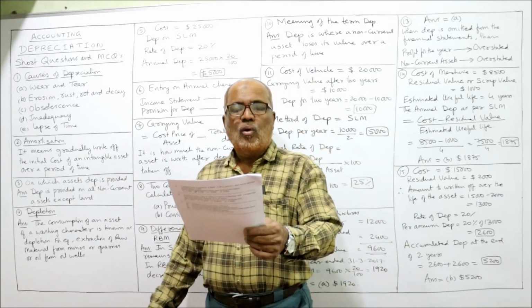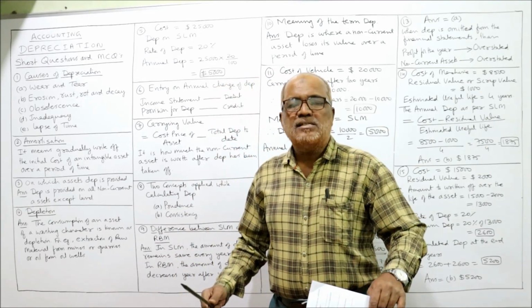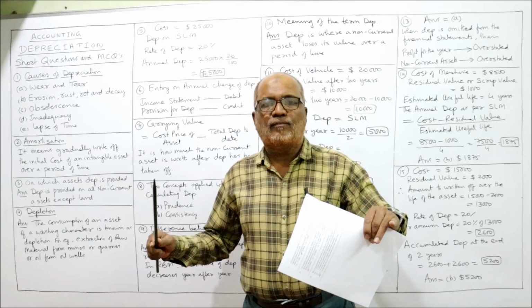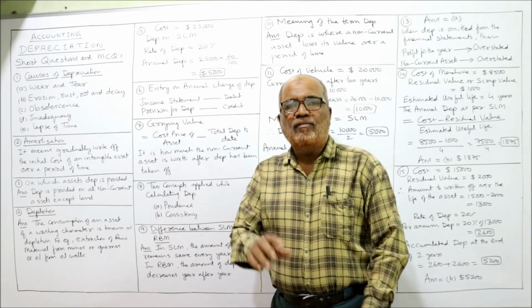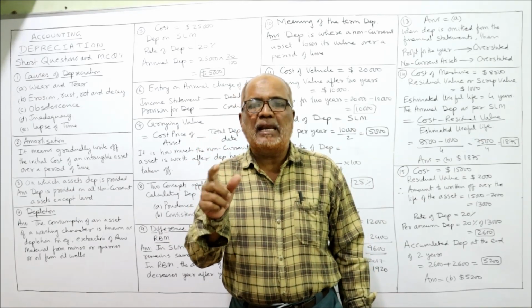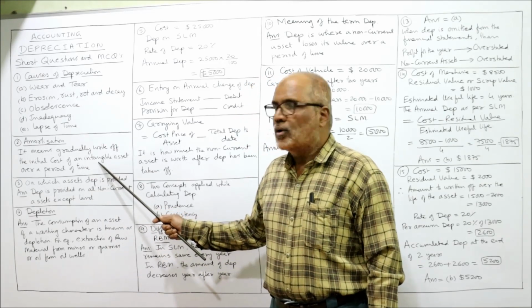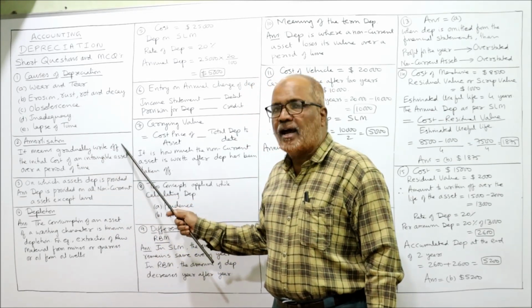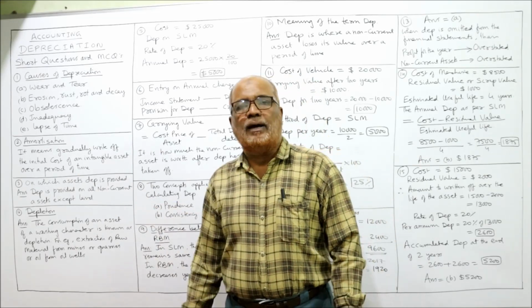Next, second one: what is amortization? Amortization means writing off an intangible asset. When we write off the value of an intangible asset, that is called amortization. It means gradually writing off the initial cost of an intangible asset over a period of time.